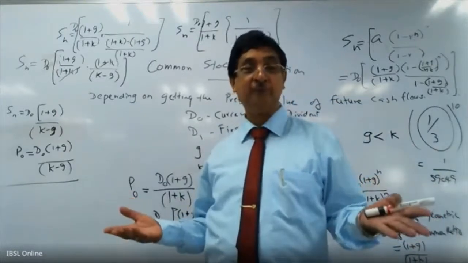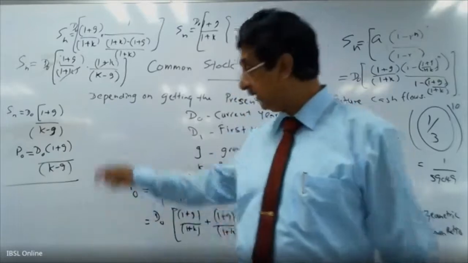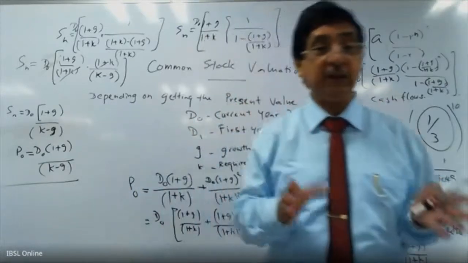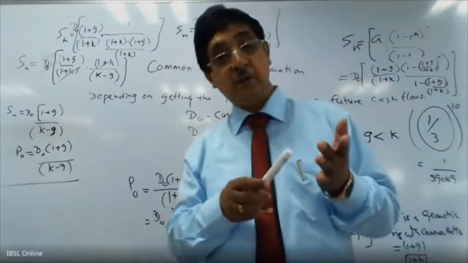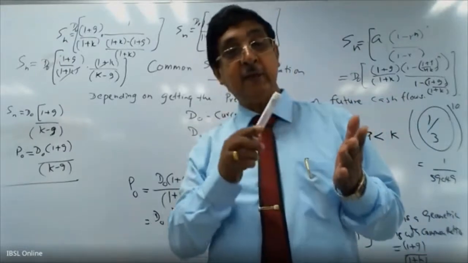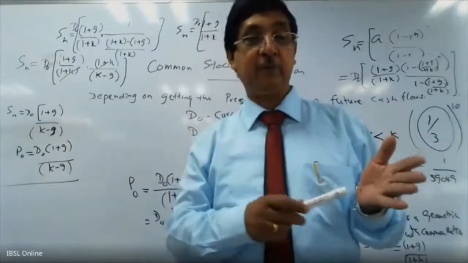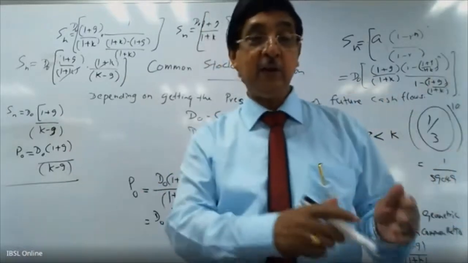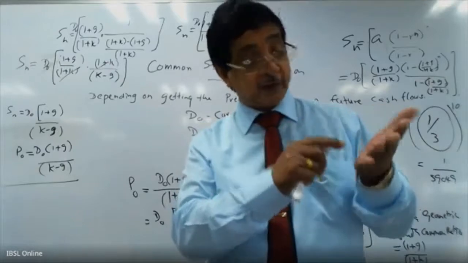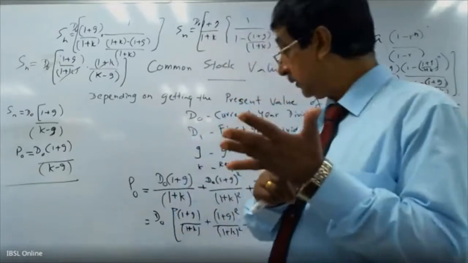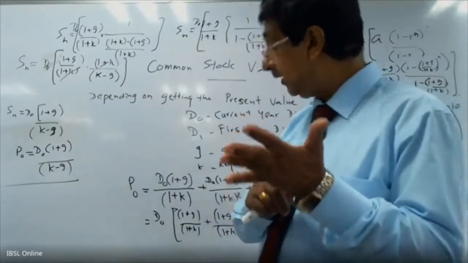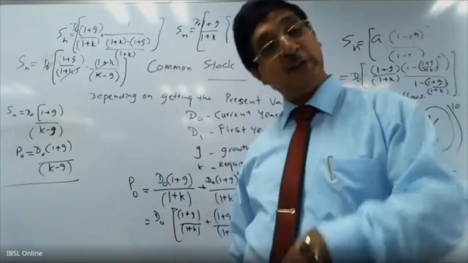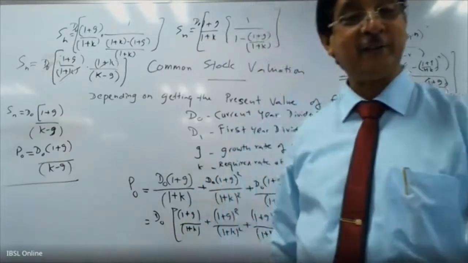So, in order to apply this formula, we need to make sure that K is not equal to G. The required rate of return is not equal to the growth rate, or the required rate of return is not lower than the growth rate, or the growth rate is not higher than the required rate of return.